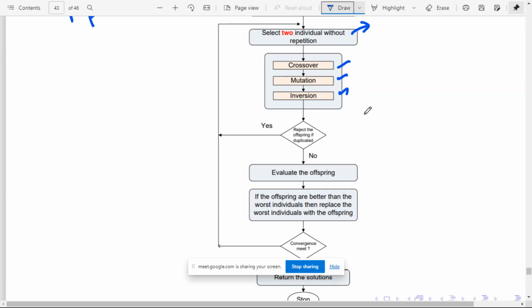Then we check whether the new offspring created is a duplicate, that is, whether a copy of this offspring is already available or not.